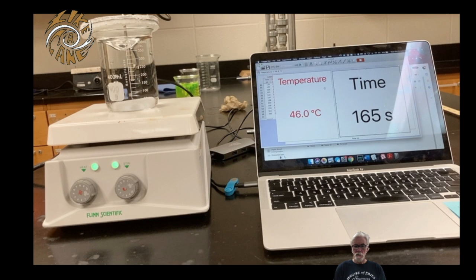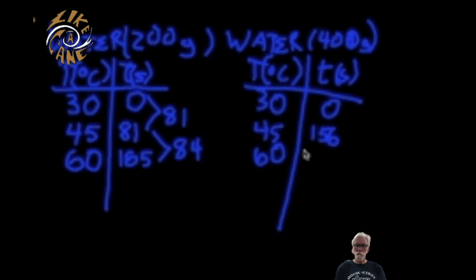And again, we're going to speed up time until we approach 60 degrees. Now we get close to 60 degrees, we slow it back down, and right there, we've crossed the line. So now 321 seconds was how long it took.